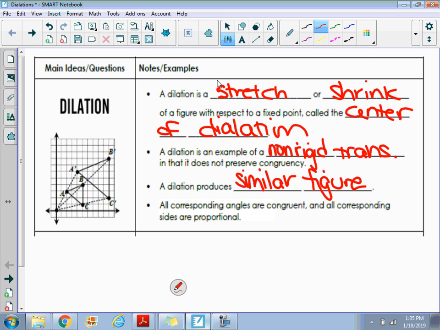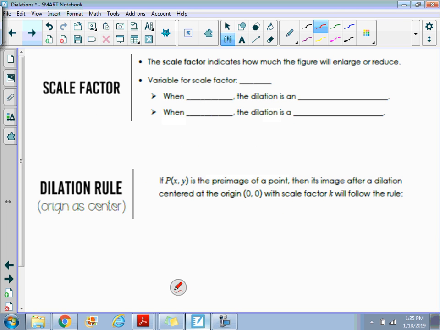And so, dilations have a scale factor. That shows you how you're going to make it bigger or how you're going to make it smaller.